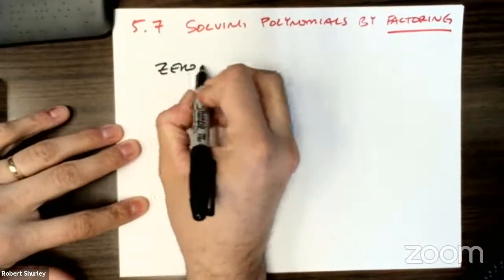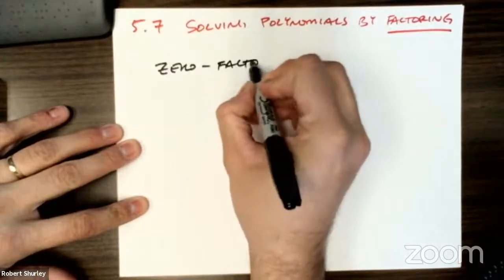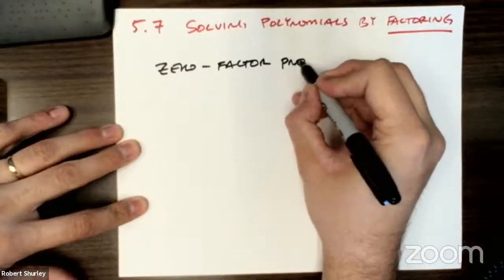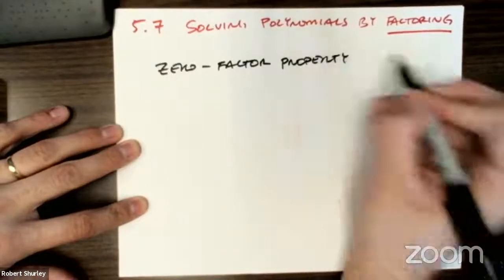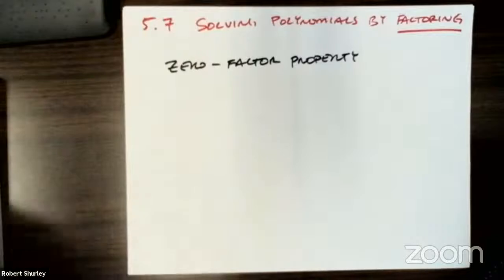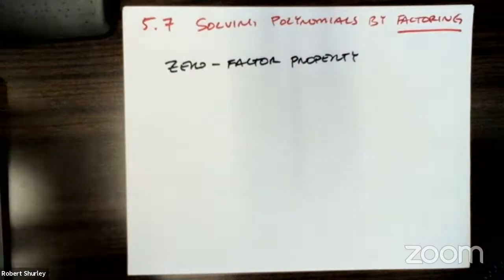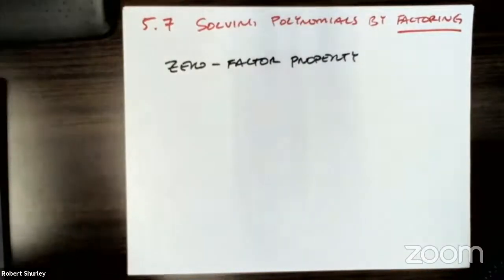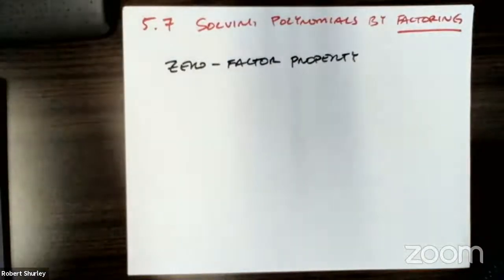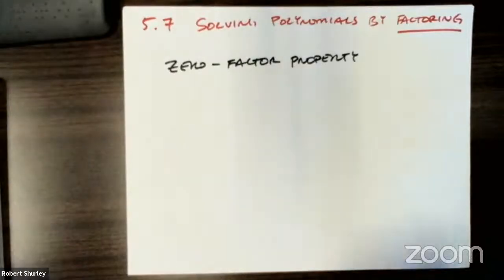Zero factor property. Okay, the zero factor property, we're going to talk about this for just a few seconds. It says, look, if you know that two or more things are being multiplied and they equal zero, at least one of those things has to be zero.